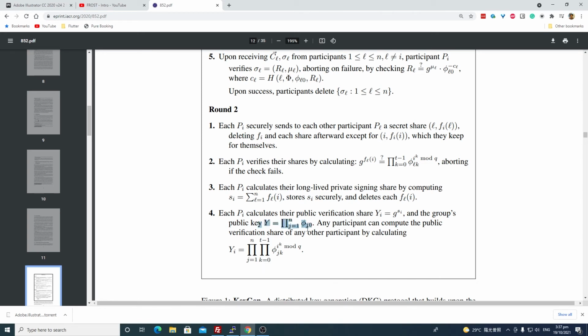So that's there. And also, any participant can compute the public verification share of any other participant. So not only do I have access to my own public share, but I have access to the other people's verification shares.